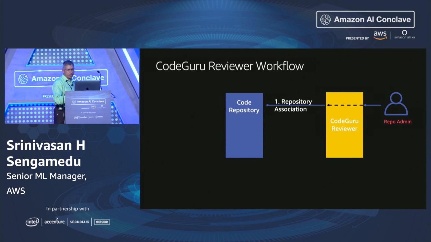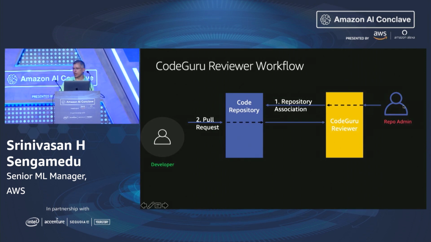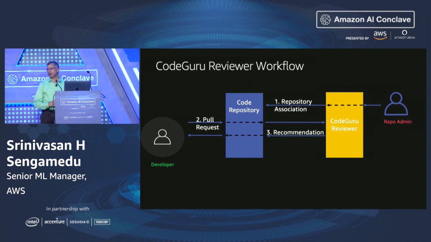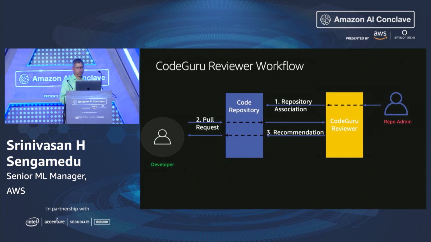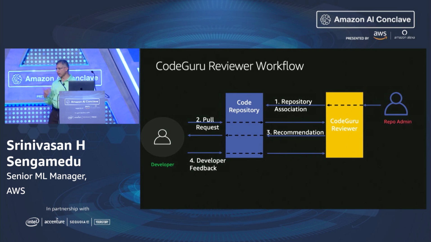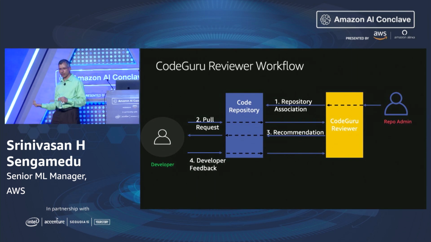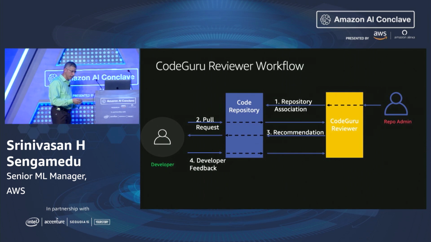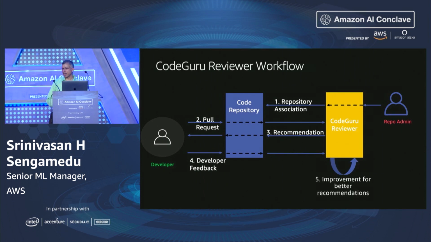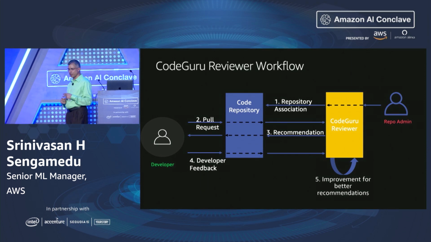After association, for any pull request created by a developer on these repositories, CodeGuru gets notified by the repository, clones the repository, analyzes the code, and provides feedback as a pull request workflow. And the developers, as I mentioned, can look at the comments and provide feedback about whether the comments are useful or not. This feedback actually helps improve CodeGuru Reviewer.